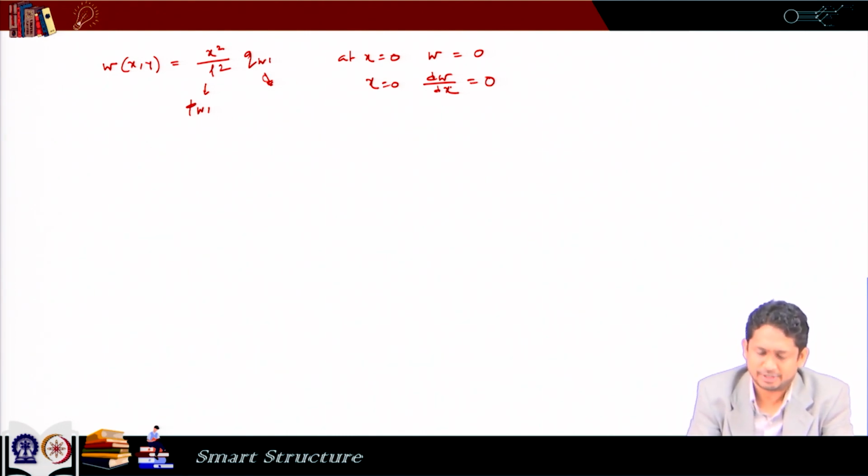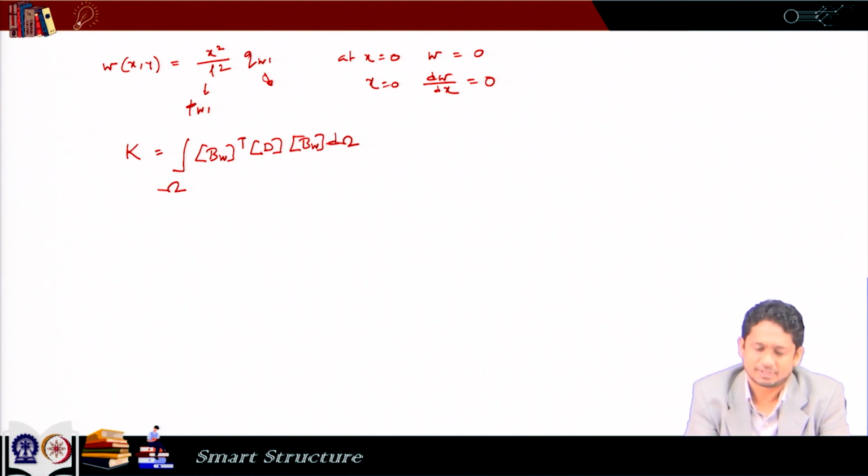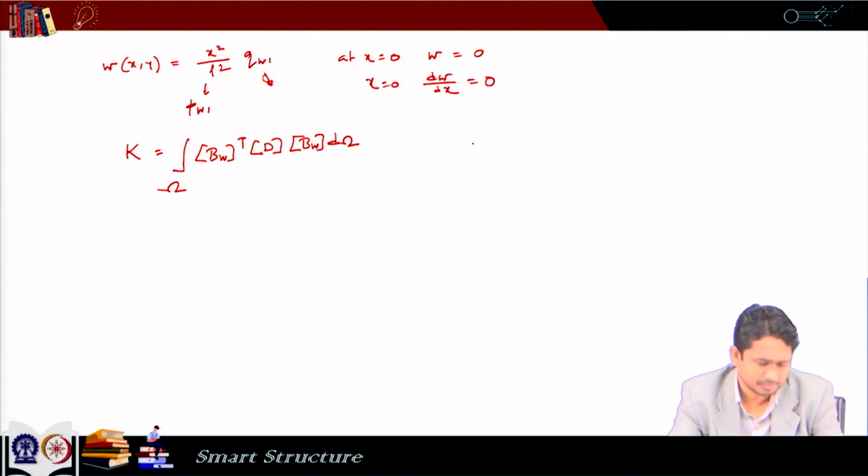Now, we need to find out our kWW. So, we are just writing it as k because other components of k are not there anymore, and to do that we have the expression as BW transpose multiplied by the D matrix multiplied by BW and its integral. Now, we need to find out this BW, and to find out the BW we need our quantities like kappa.